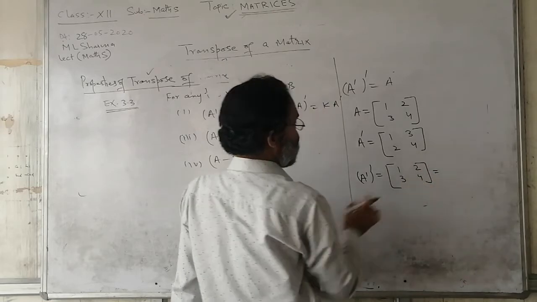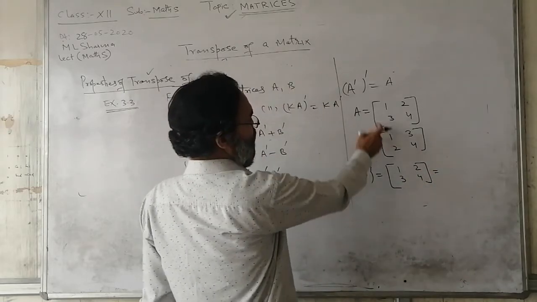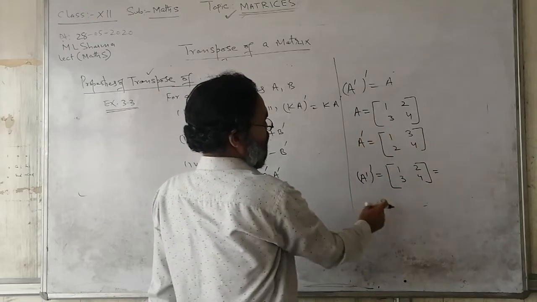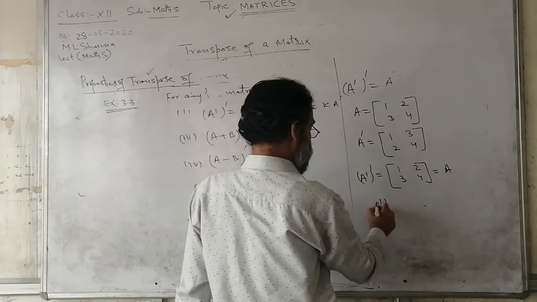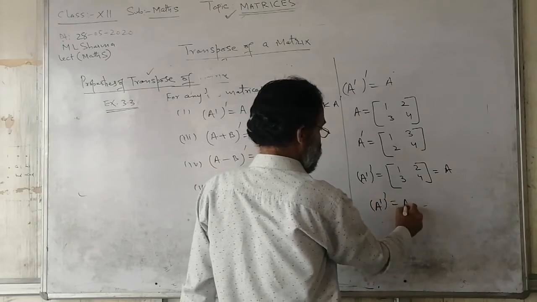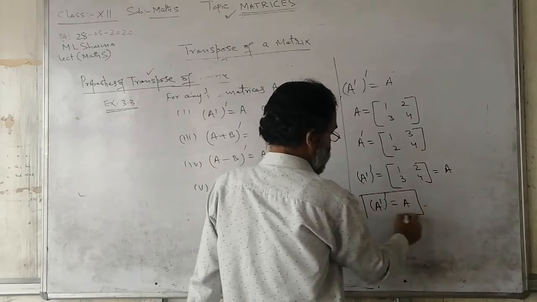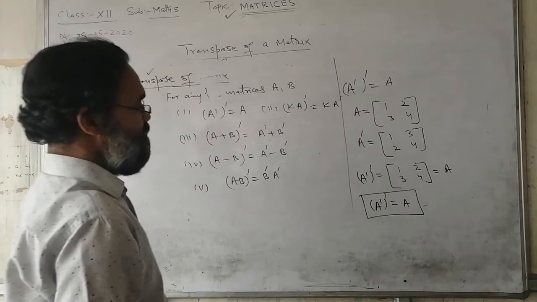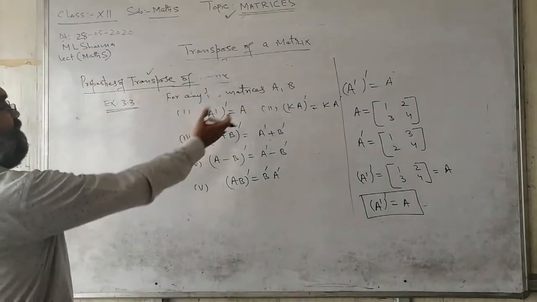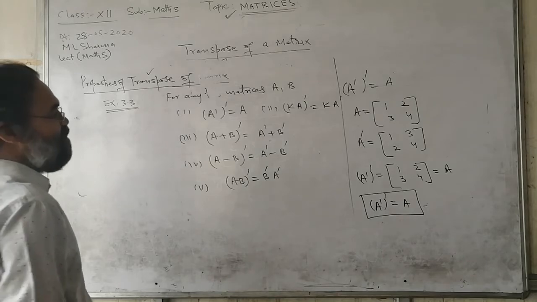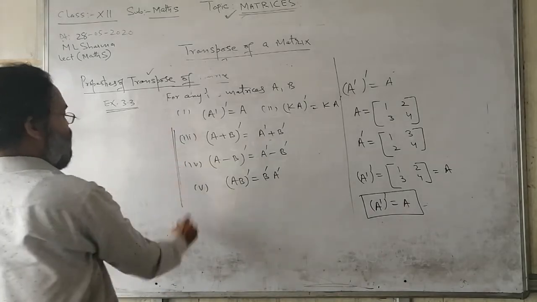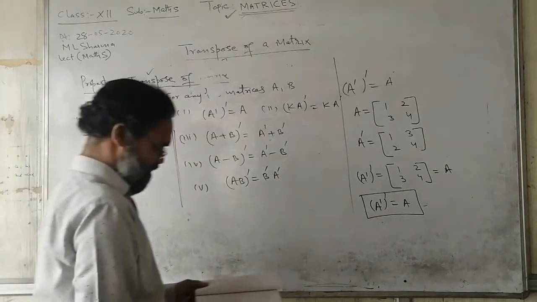So this is nothing but the value of the identical A. So I can say the transpose of A transpose is the matrix A itself. In this way the other properties can also be proved. They are simple. They are given in the book, you can see they are easy.